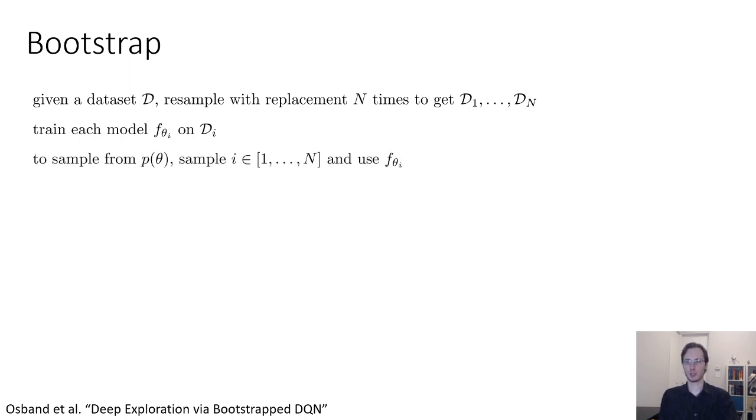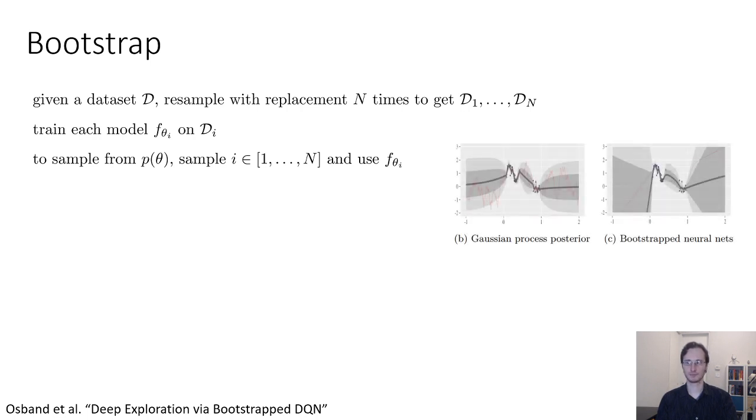And then to sample from the posterior, we simply choose one of those models at random and then use that model. So here's a little illustration that shows uncertainty intervals estimated by these bootstrap neural nets.